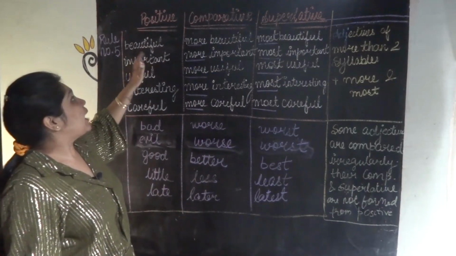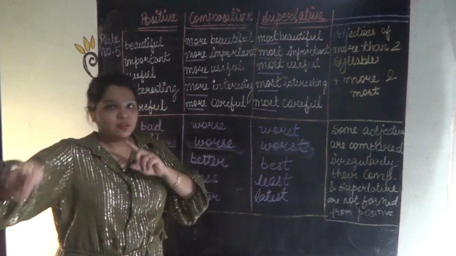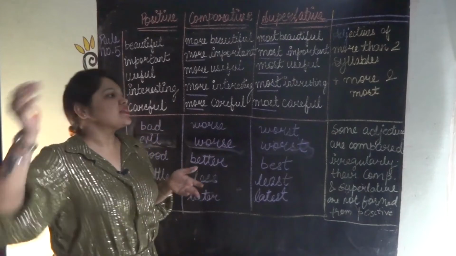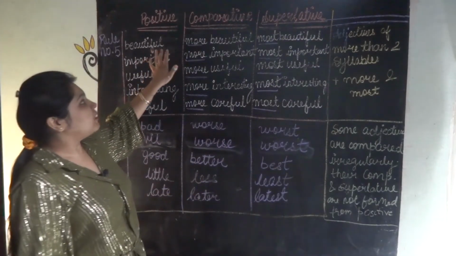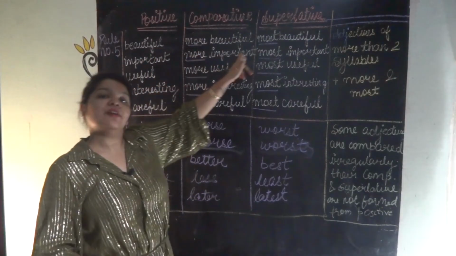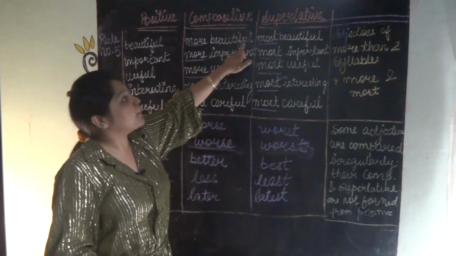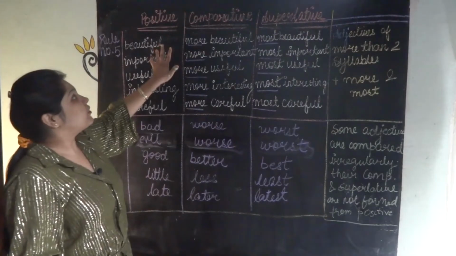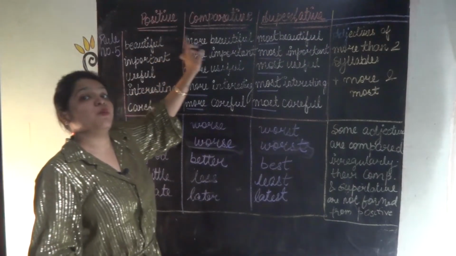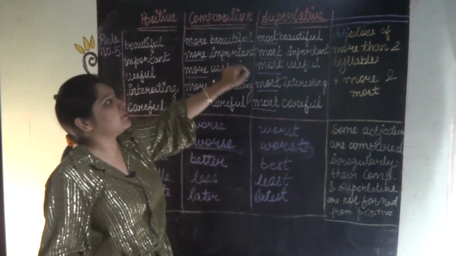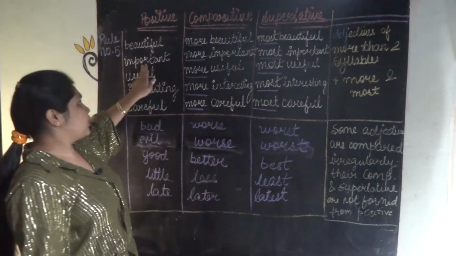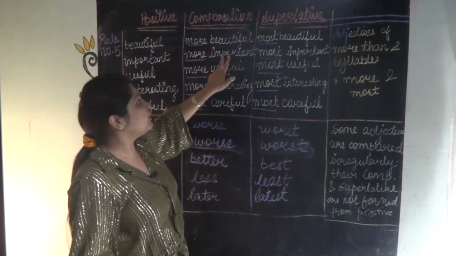A syllable is when I say beautiful, I am breaking the word into parts. So we will add more in the comparative degree and most in the superlative degree. So if it is beautiful, we will say more beautiful in the comparative degree, and in the superlative we will say most beautiful. Important, more important.